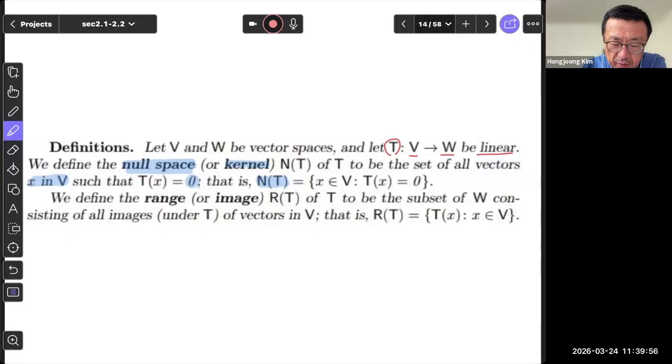And then we define the range of the mapping, that is the collection of all the images. Okay, so the range is a subset of the codomain W, and this range may be called the image sometimes, and symbolically we use R of T to denote this image.